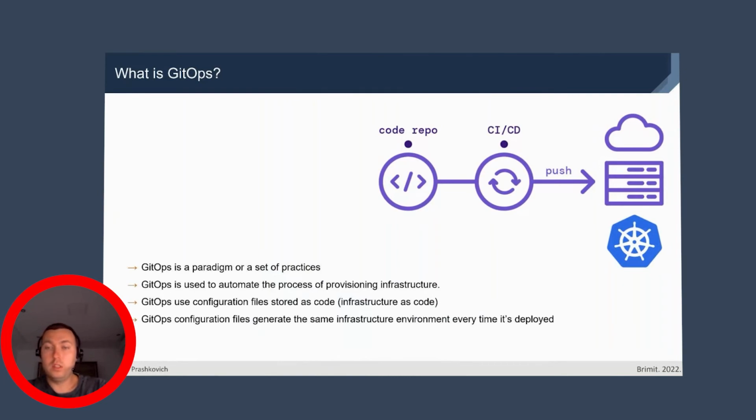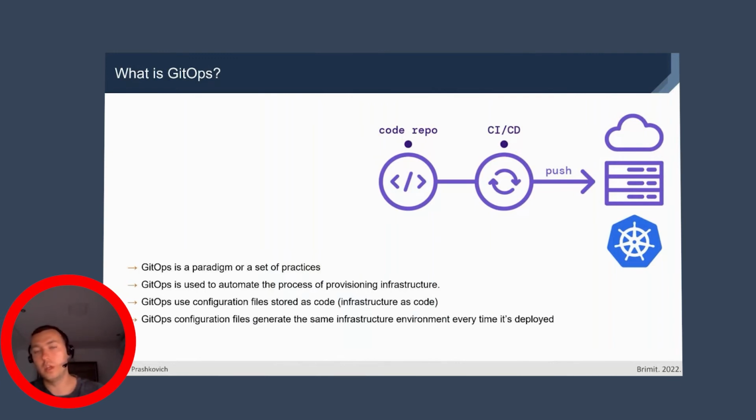Also, GitOps is used to automate the process of provisioning infrastructure. At the same time, GitOps is the representation of infrastructure as code. This is when our infrastructure definitions are placed in a repository, and if we want to deploy something new in our infrastructure, we don't make these changes manually inside of, for example, the Azure portal.